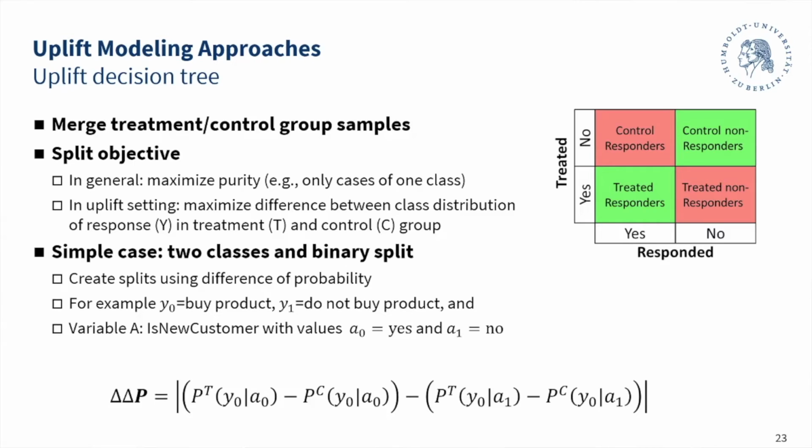The very popular type of algorithm that has been advanced to produce causal estimates is the tree algorithm with its derivative, the ensemble models. There are many propositions in the literature for, let's say, uplift decision trees.